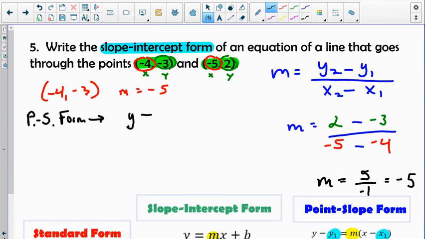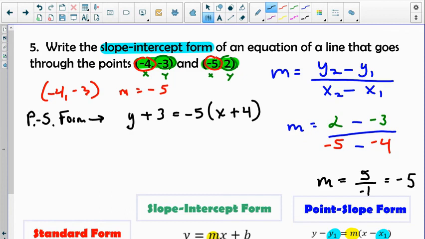Well, instead of writing it as y minus -3, I know by now it's going to be y plus 3 equals, this is where my slope fills in, and in parentheses, x minus the x-coordinate. Well, my x-coordinate is -4, so I know that that's going to make it plus 4.